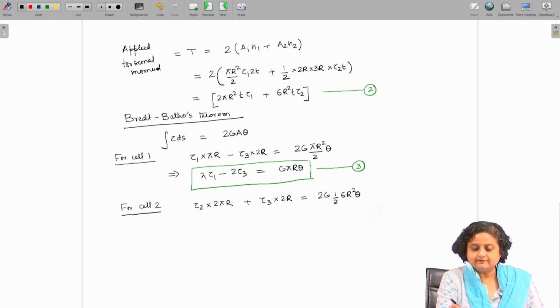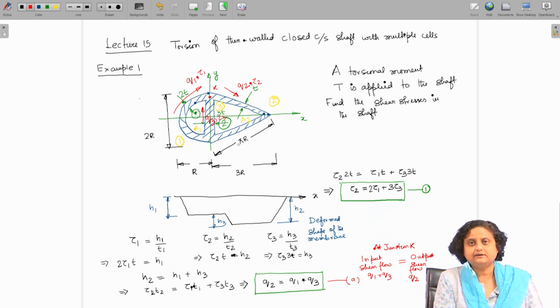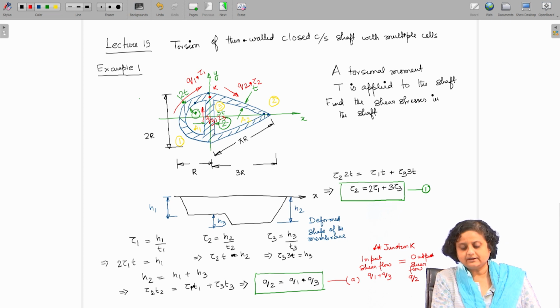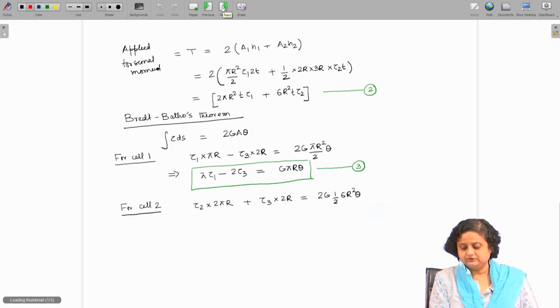If I am moving in portion 2 with tau 2, then I have tau 2 into 2 pi r, that is the total length of portion 2. Then when I am moving in portion 3, I am moving in the same direction, so the positive sign, and therefore I have tau 3 into 2r. That's how I have got this equation.